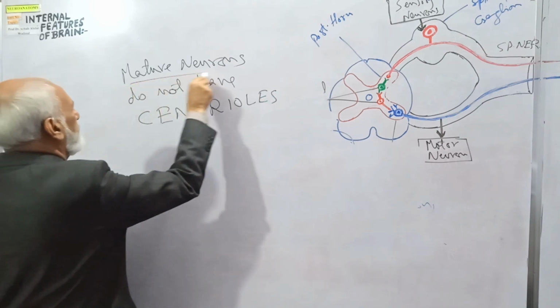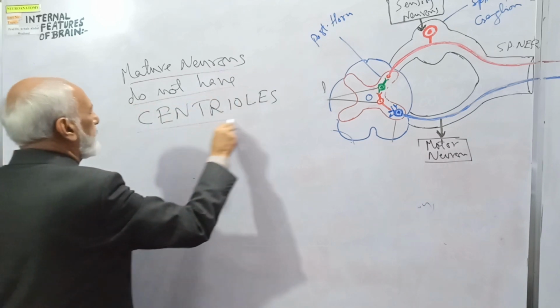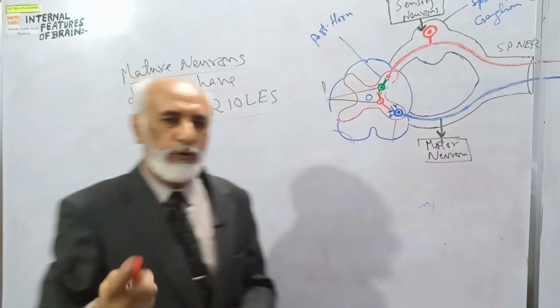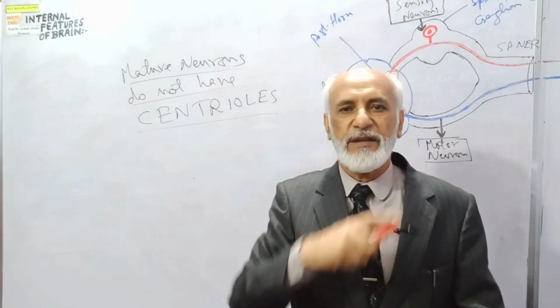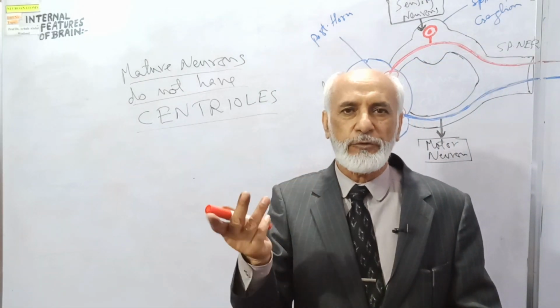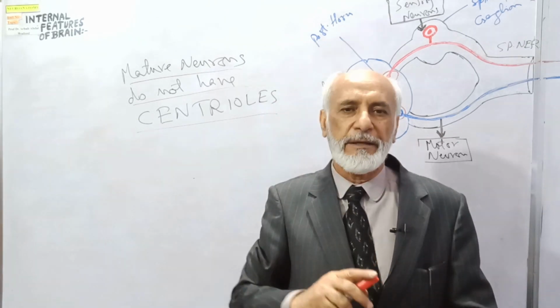And you know the function of centriole. Centriole plays a very important role in cell division. One cell divides into 2, 2 into 4, 4 into 8, and so on.